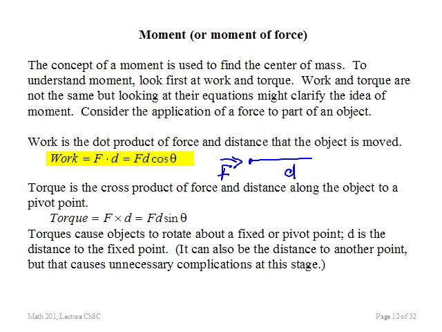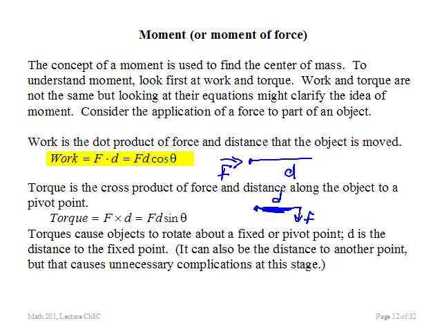Now, when we think of a torque, what we're thinking of is the rotation of the object, not the linear translation of the object, but the rotation of the object about some point. So here is a fixed point F. Here is the distance to the point where I'm going to apply the force. If this is a solid object, it will cause it to rotate.